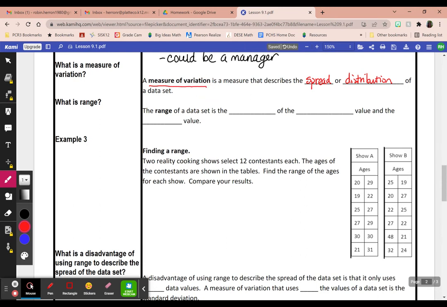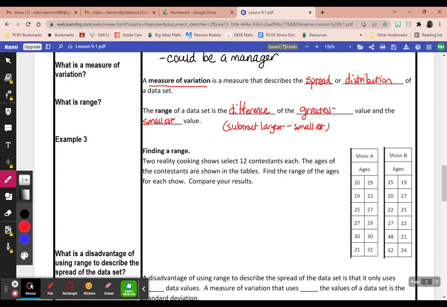So the range of a data set is the difference of the greatest value and the smallest value. So difference means we're going to subtract. So I just always say we subtract largest minus smallest.